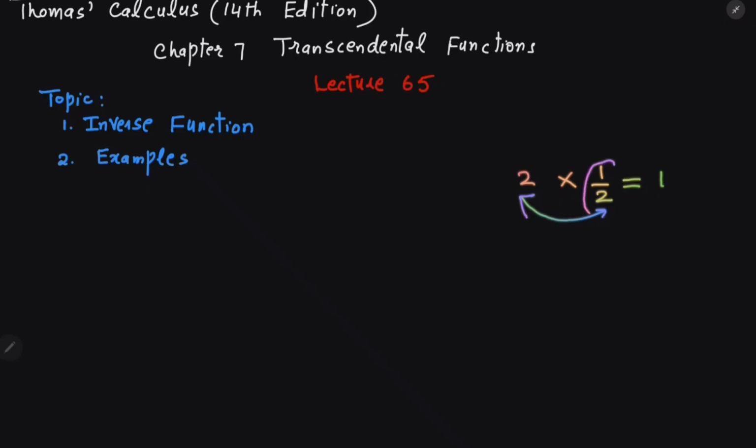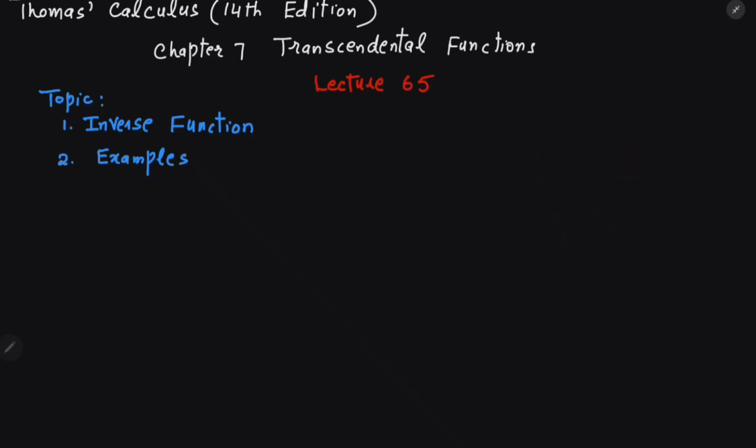This 1 by 2 is the inverse in real numbers, but we will talk about inverse in functions. Suppose we have f, the inverse is f inverse, and these two reverse the effect of each other, which means that if we apply these together, we get some other quantity, which is in the domain of these two functions.